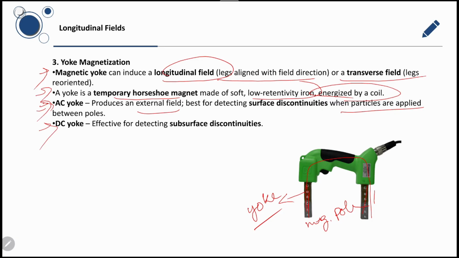A DC yoke produces a deeper penetrating field, so it detects subsurface discontinuities and flaws under the surface. Yokes are very portable and widely used in weld inspection and field applications because they are quick to set up.